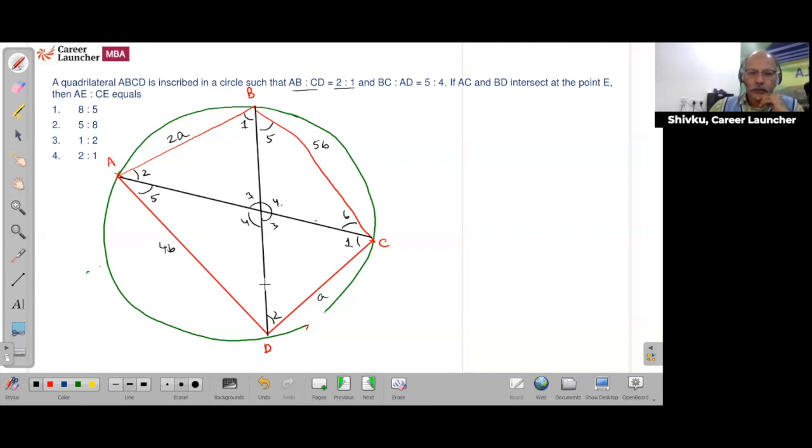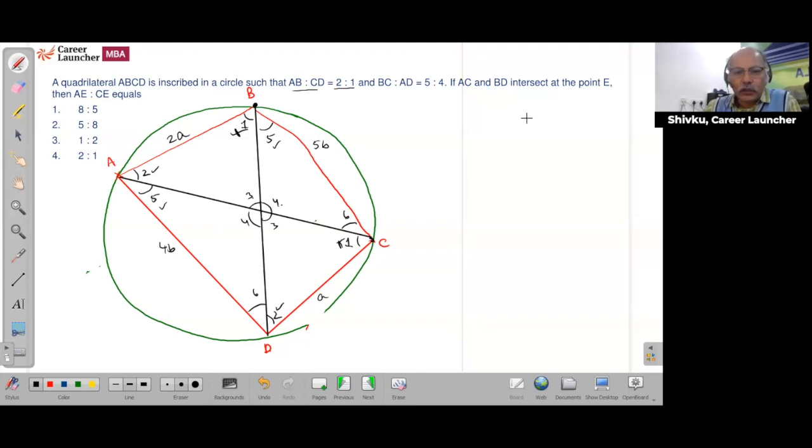Angle 6 is equal to angle 6 out here. Okay. Now what is the logic of why this 1 is equal to 1? You know that the chord AD is going to subtend the same angle at B and C. So these two angles are equal. Similarly, the chord BC is going to subtend the same angles at A and D. Hence, these two are equal. Similarly, the chord CD will subtend the same angle at B as well as A. So that's how we get this.